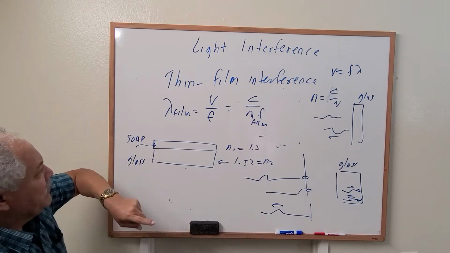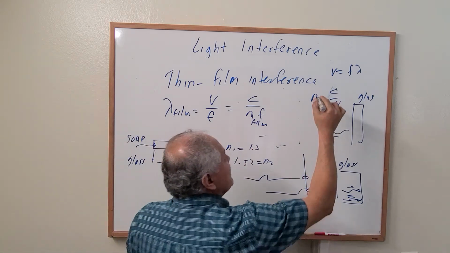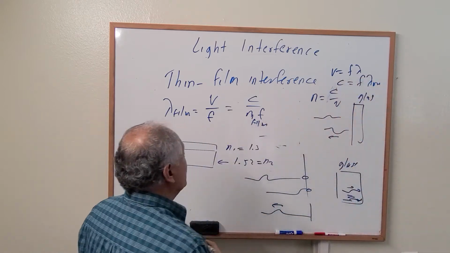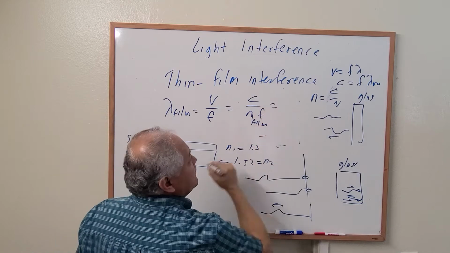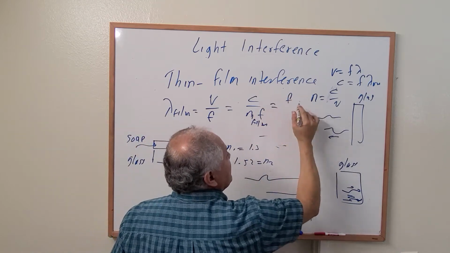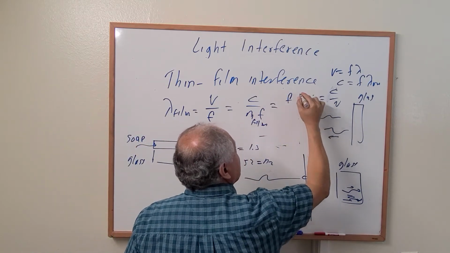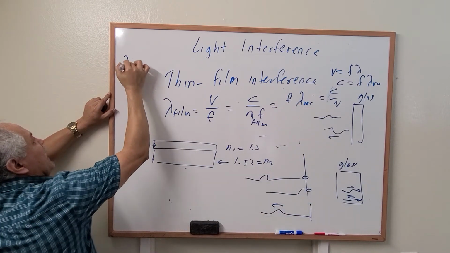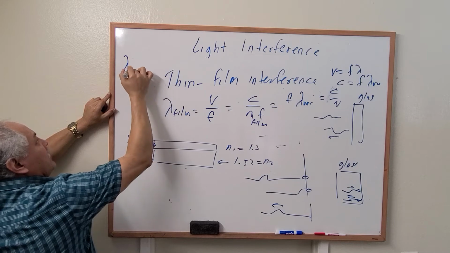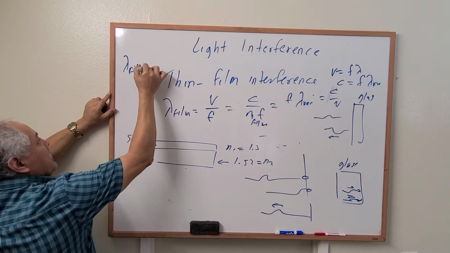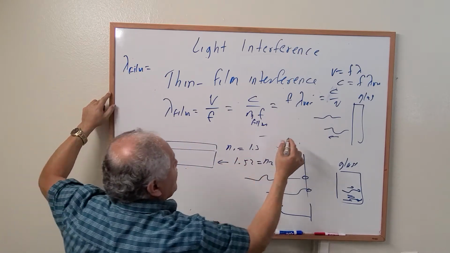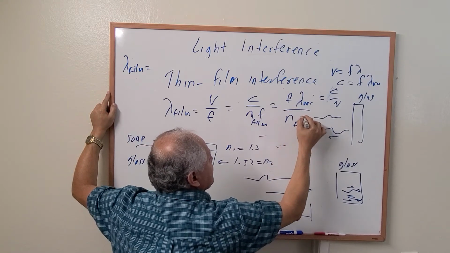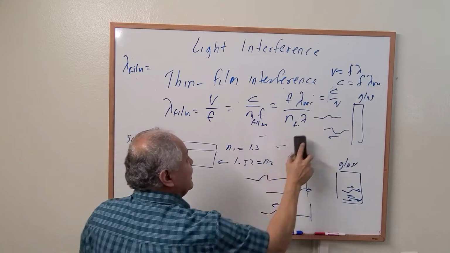So this is going to be the lambda of the film. But what is C one more time? C is equal to frequency times lambda in the vacuum. So finally, the lambda of the film is equal to lambda in the vacuum divided by N of the film times frequency.